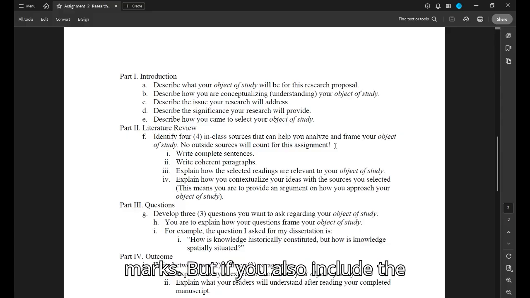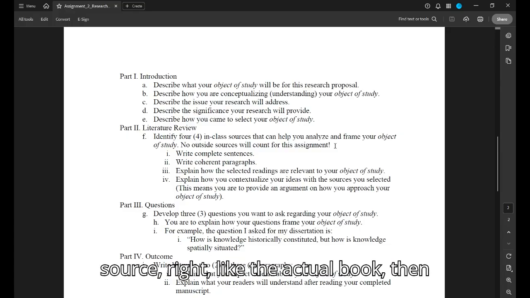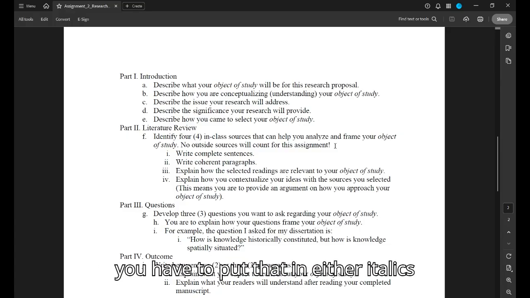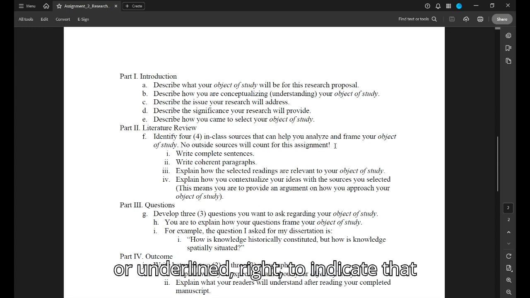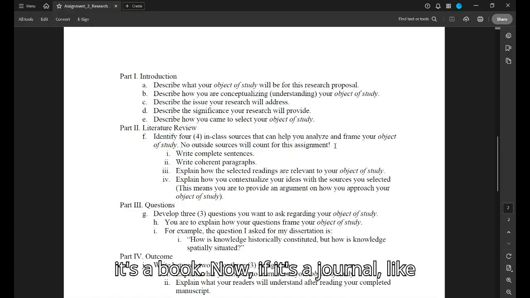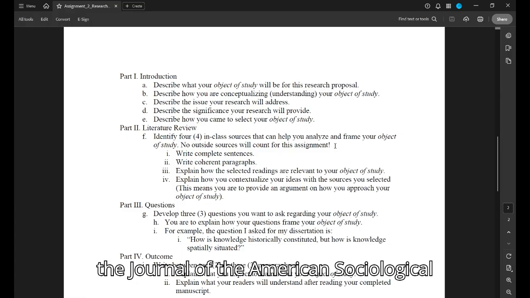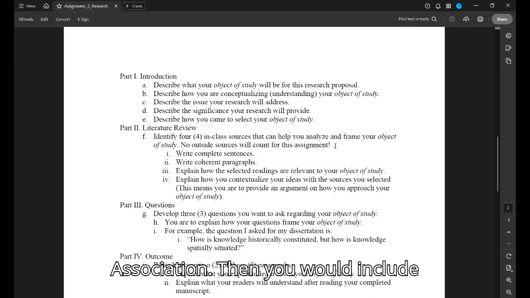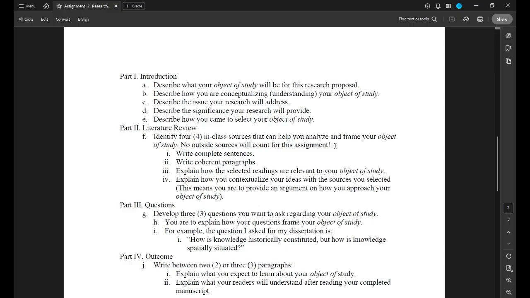But if you also include the source, like the actual book, then you have to put that in either italics or underlined, to indicate that it's a book. Now, if it's a journal, like the journal of the American Sociological Association, you would include that as well, italicized or underlined as well.